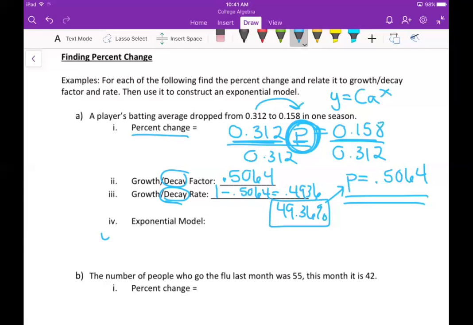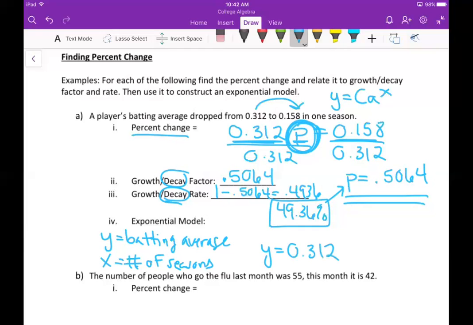So our output, our batting average, is changing with seasons. This happened in one season, so that makes my input value number of seasons. And what's changing is my batting average. So now I can use this decay factor to set up my equation. Y equals the initial amount, which was 0.312.